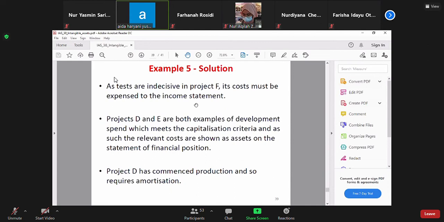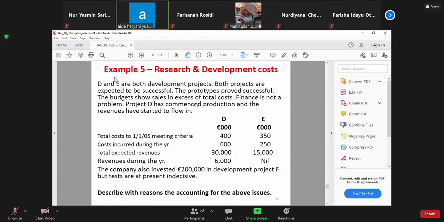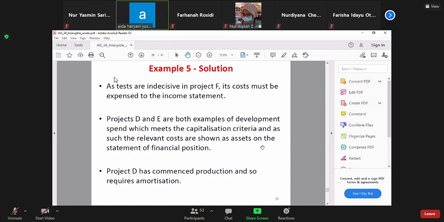There is development cost, which meets the capitalization criteria, and as such, the relevant costs are shown as assets on the statement of financial position. But there is a difference between D and E. D has started commercial production, E not yet. So because of that, only project D can you amortize.